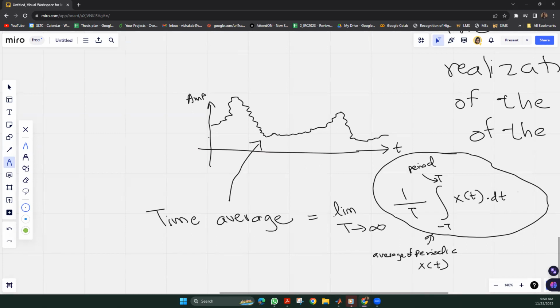Is this random signal a periodic signal? Is it varying in periods? Are there periodic patterns in this signal?